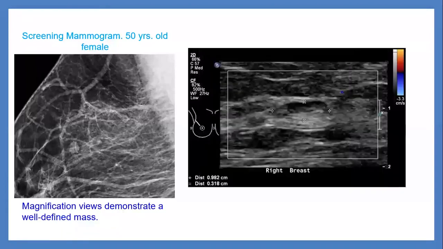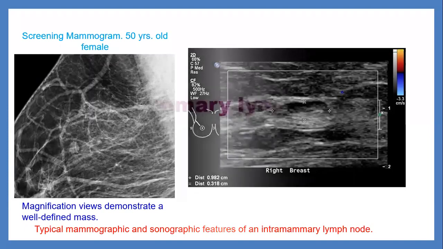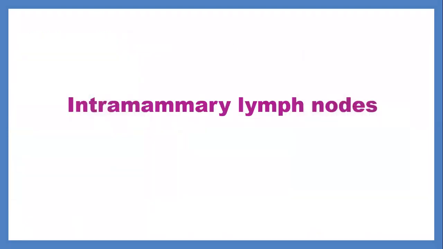By these criteria, I will suggest that. Next, I will look at the ultrasound, which demonstrates the typical appearance. So this is a typical mammographic and sonographic lymph node. So the first special case is intramammary lymph nodes.